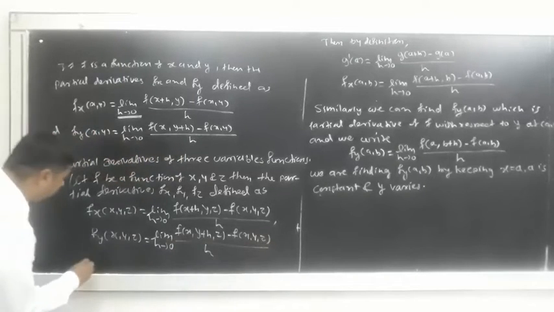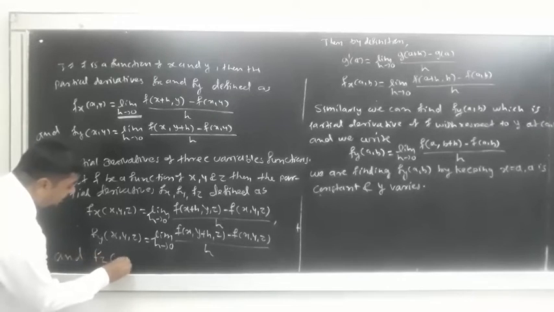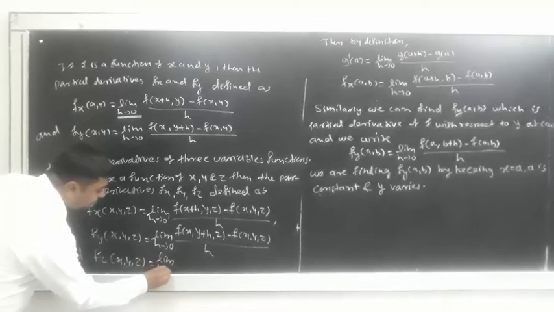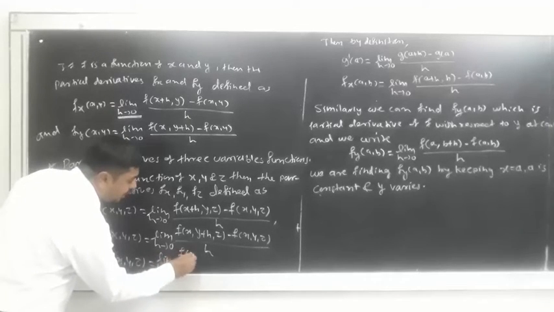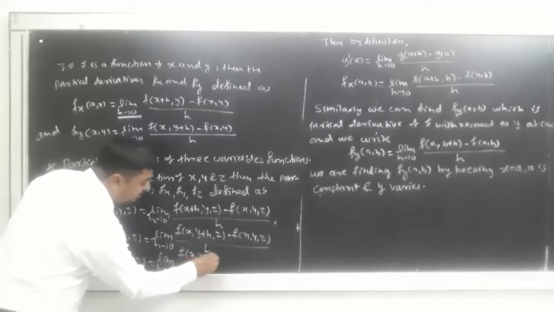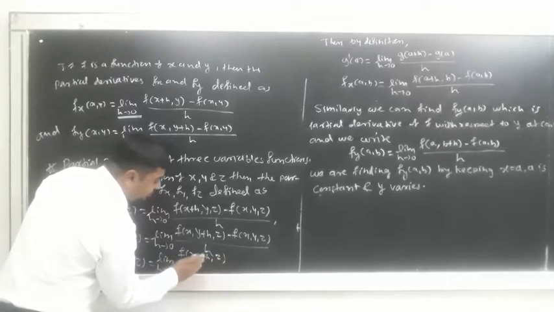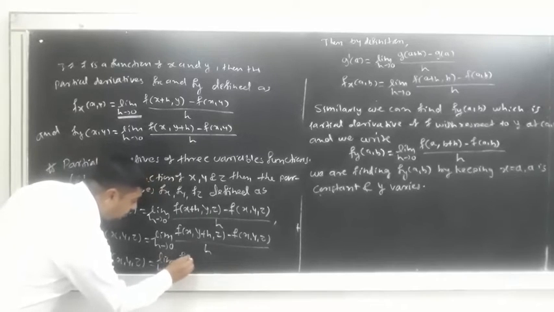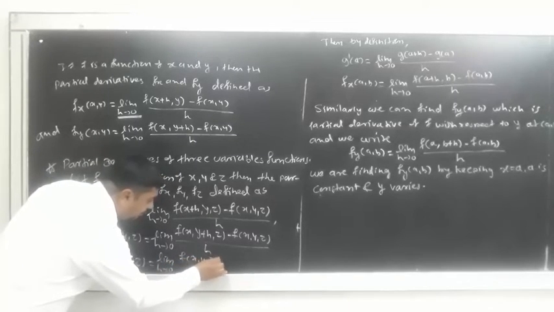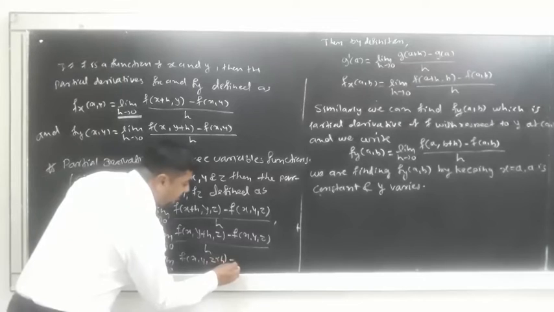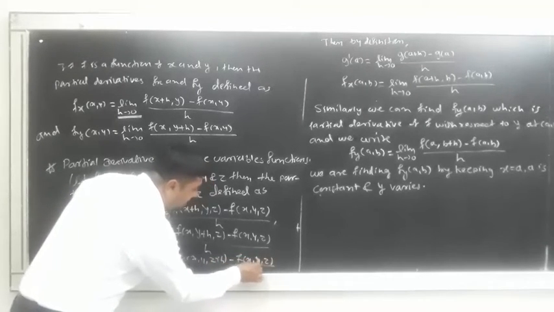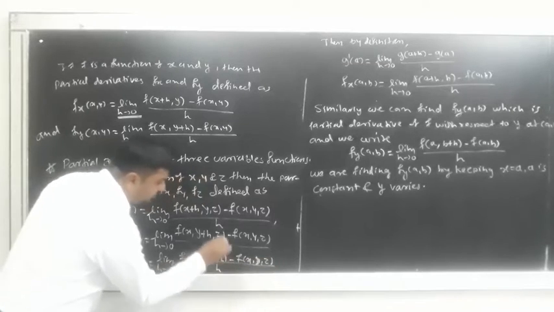And similarly we can write fz of x, y, z is equal to the limit h tends to 0 of f of x, y, z plus h, change in z, minus f of x, y, z upon h.